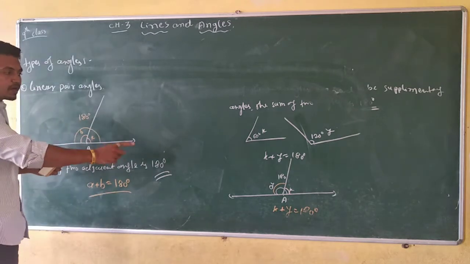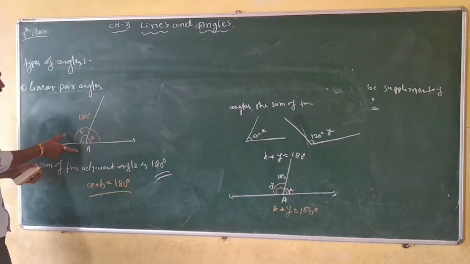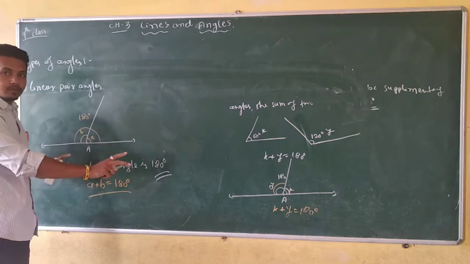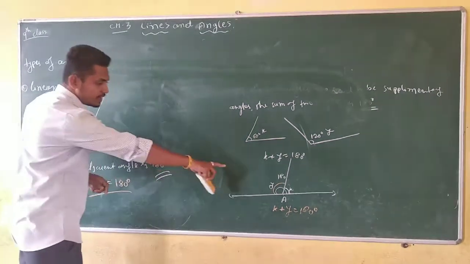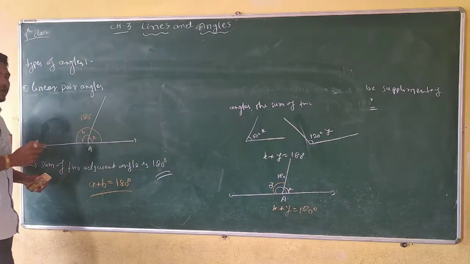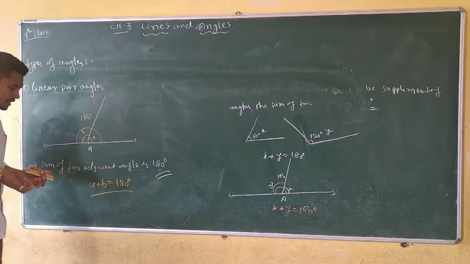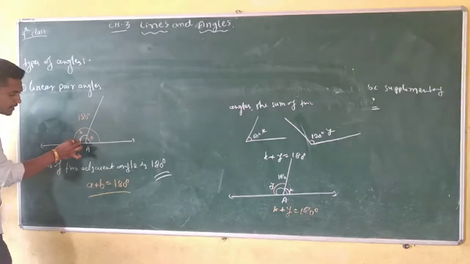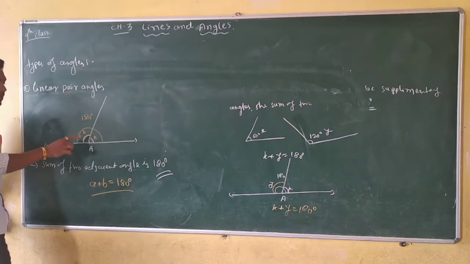Then what is the difference between supplementary angles and linear pair of angles? Both are the same, but I call these supplementary and these linear pair. What is the difference between them? See here, the angle A and angle B are called a linear pair of angles.